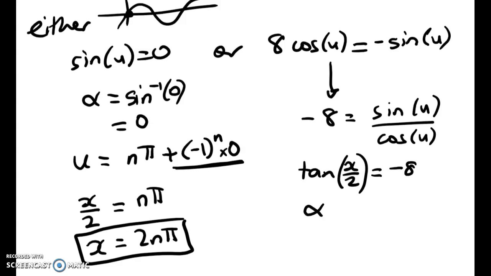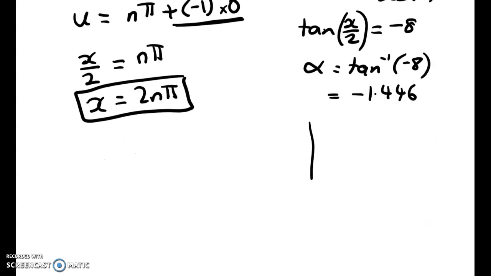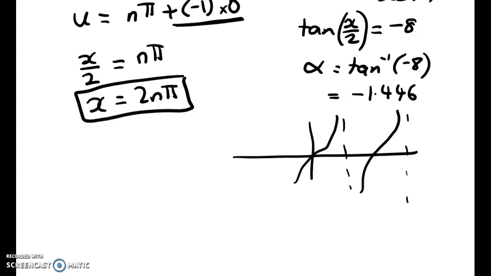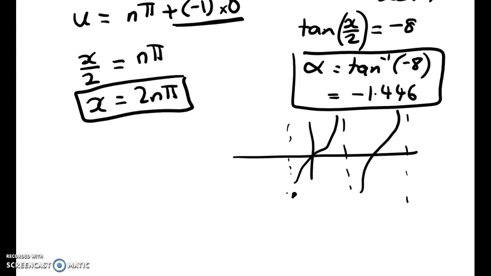Doing general solutions here gives me alpha is equal to tan inverse of negative 8, which equals negative 1.446. Now you can visualize that. Here's your tan curve here. So negative 8 is getting very negative, so we're down here somewhere. That makes sense.